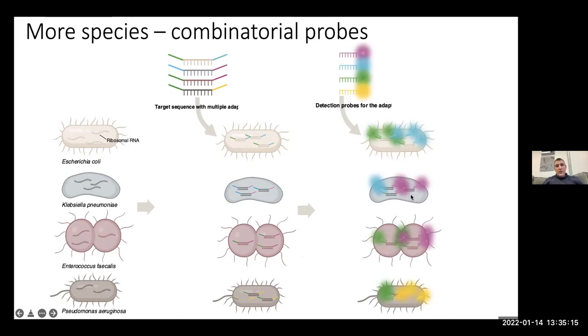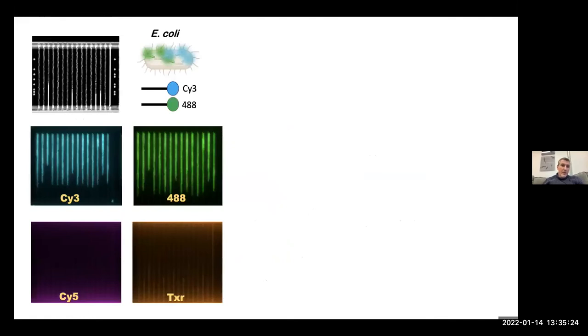And with these combinatorial colors, you can go up to 10 species in one round. And if you do multiple rounds, you can do even more species, of course. And it looks like this. If you load the whole chip with E. coli, you would get the color in 2 different channels, so Cy3 and 488.